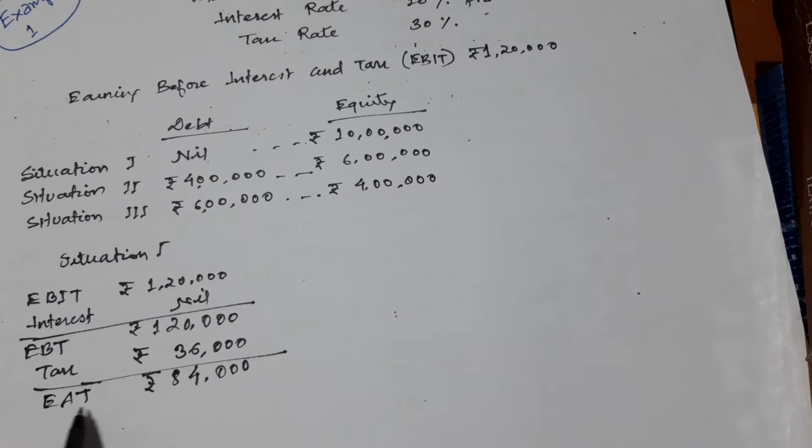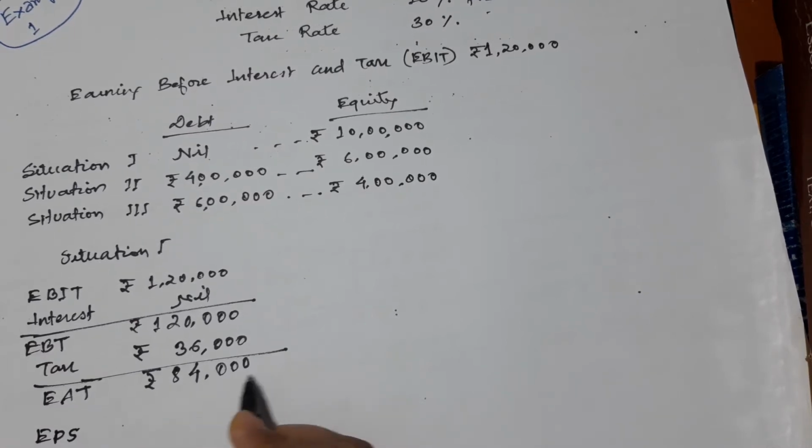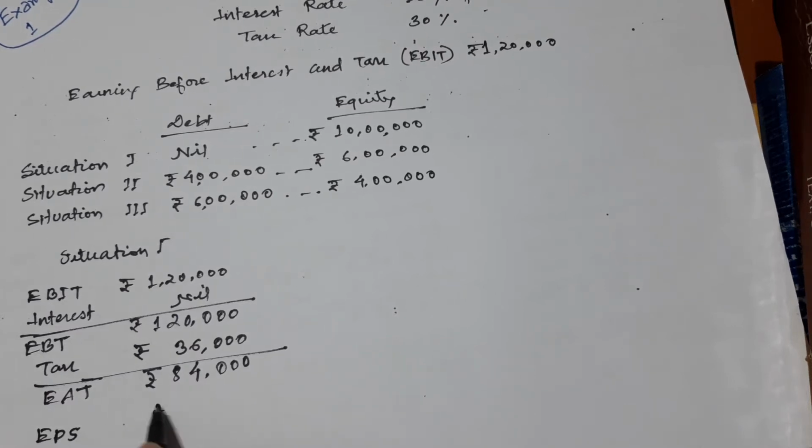I have written EAT, earning after tax. Now for calculating EPS, that is earning per share, you need to divide this amount, that is 84,000, by the total number of shares employed.